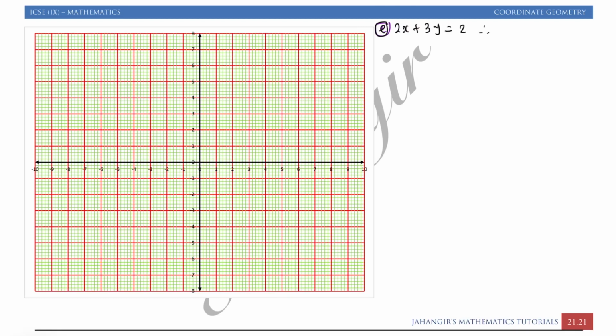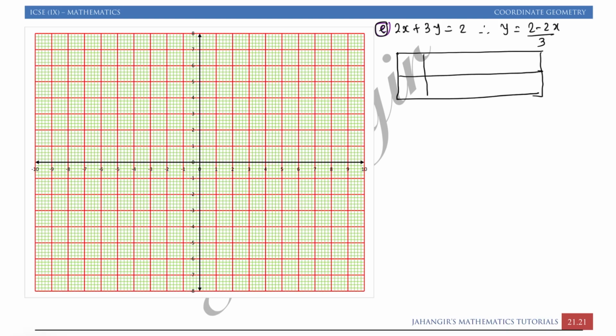So therefore the y value is 2 minus 2x upon 3. As per the table which we had made, I can write the same values. Do keep it in mind, your y values and x values may differ, but the line which you are plotting on the graph will be the same and the point of intersection will be the same. It will never change.